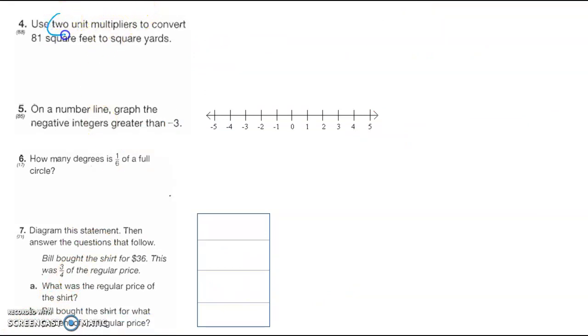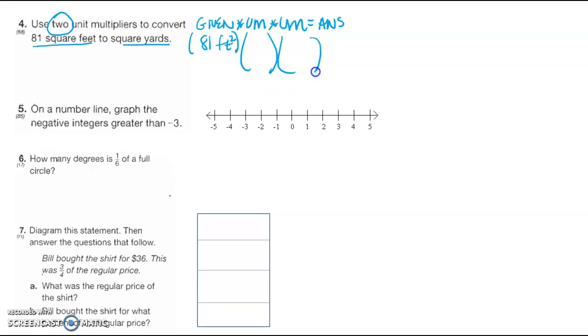Use 2 unit multipliers to convert 81 square feet to square yards. So we have our given times a unit multiplier times a unit multiplier equals our answer. We're given 81 square feet, and we're trying to get to square yards.